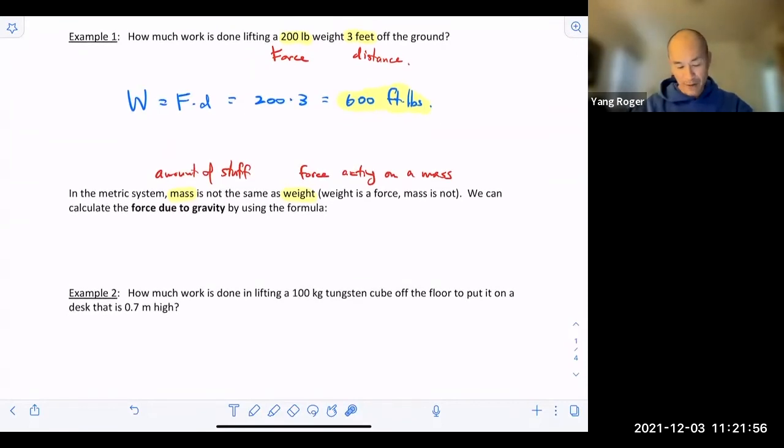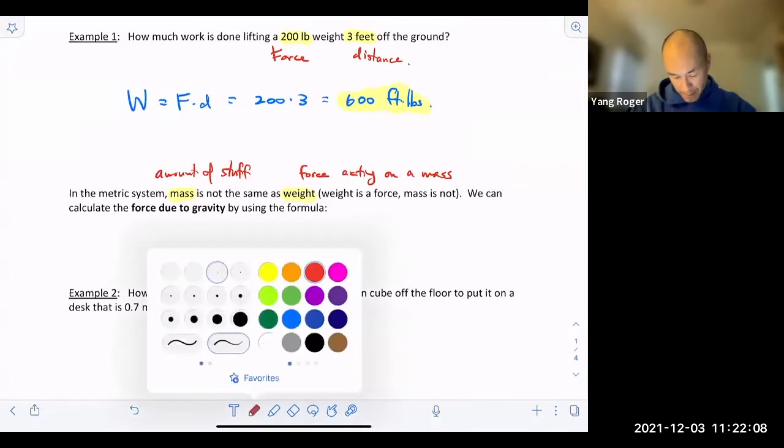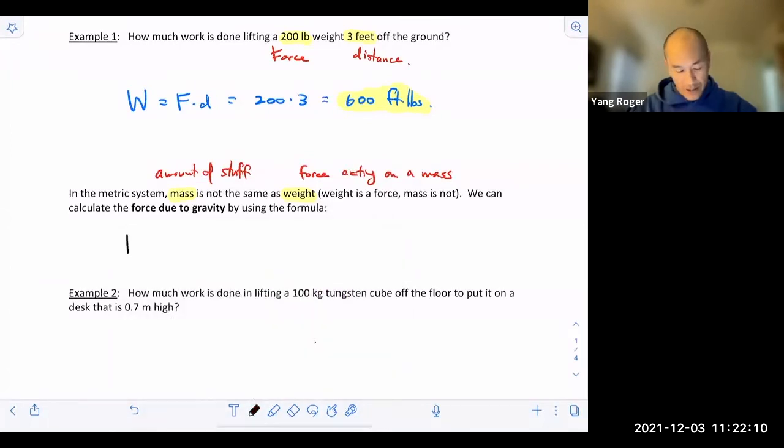Okay. So I need to explain this idea because we want to talk about the force due to gravity when we're working with mass. Okay. So when you want to calculate force, there's a relationship between force, mass, and acceleration. And in particular, we talk about the acceleration due to gravity.